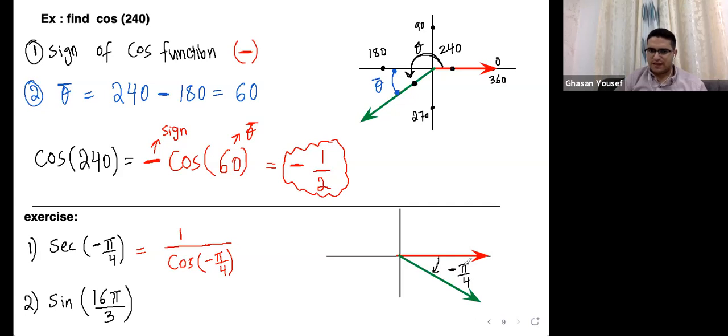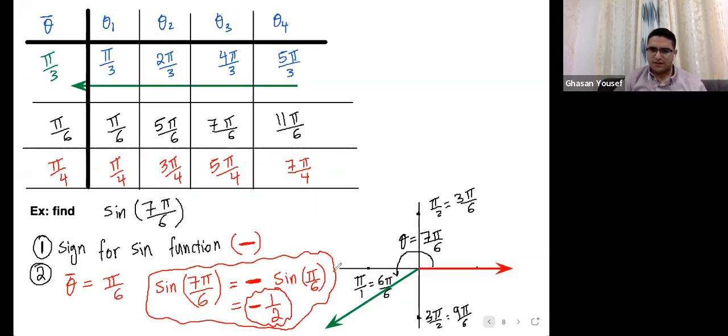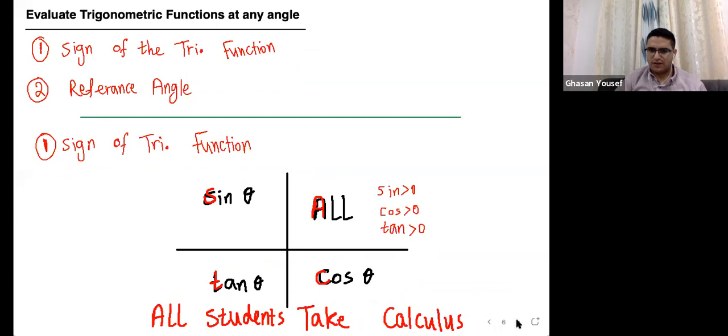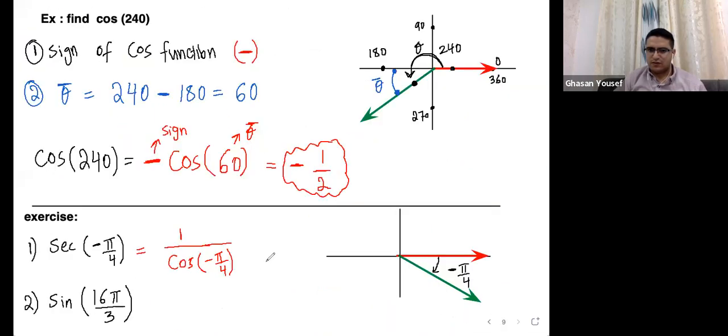And the cosine function in the fourth quadrant is positive. So the function here must be positive, first of all. Second thing is the reference angle is pi over 4.